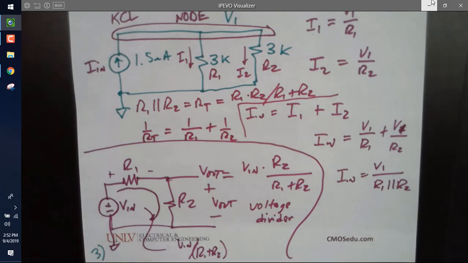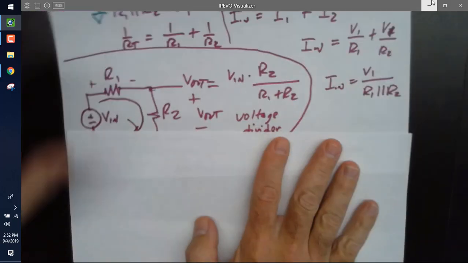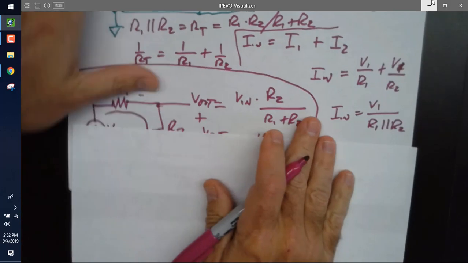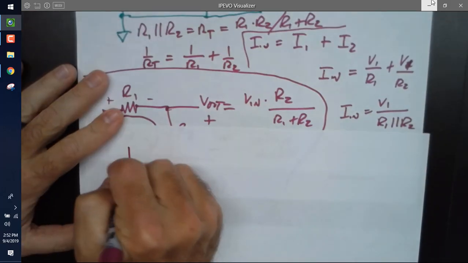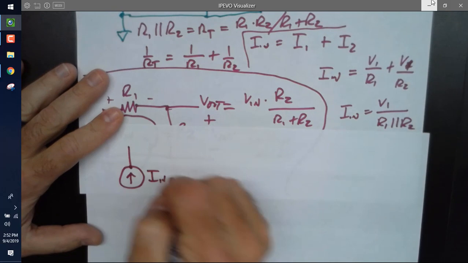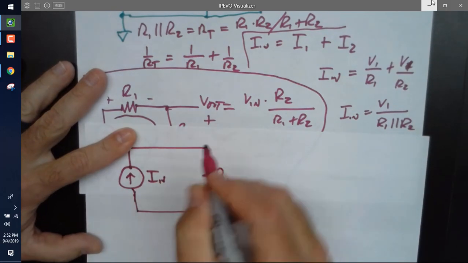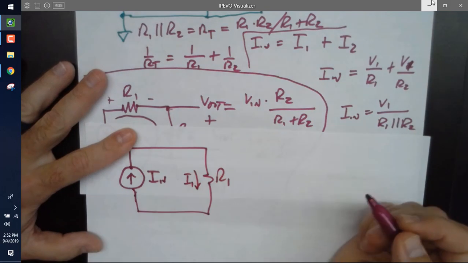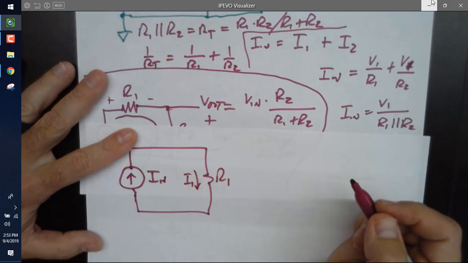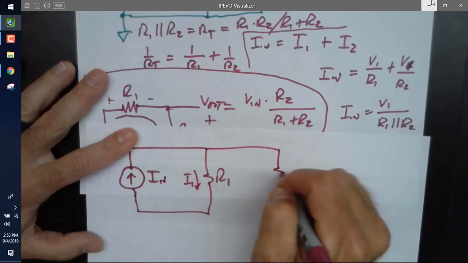Okay. So I'm going to come back here and write this little meter. And I'm going to write the circuit again. I'm going to draw a little more generic: In, R1, I1. The reason I'm doing this is we're going to get an equation we can use, so simplify life in the future.